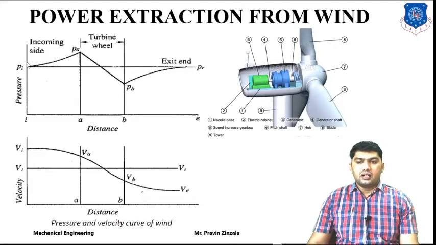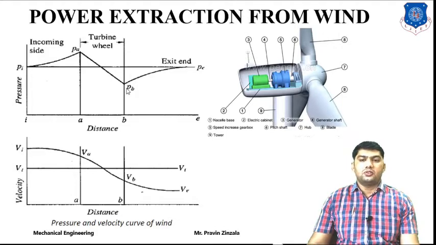Whenever air strikes the turbine blade, A to B, the pressure drops from inlet to outlet, so the outlet pressure will be below atmospheric pressure.